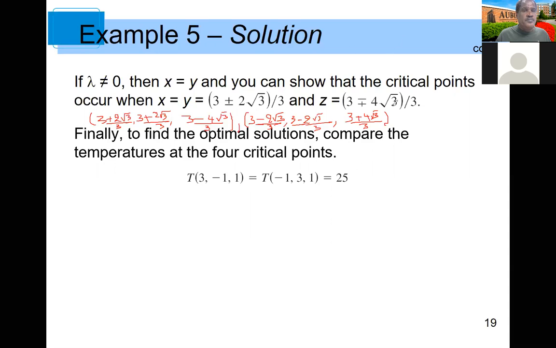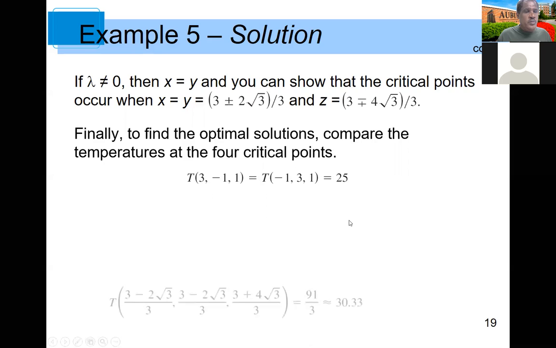And before we go, let me eliminate this mess. So what else?